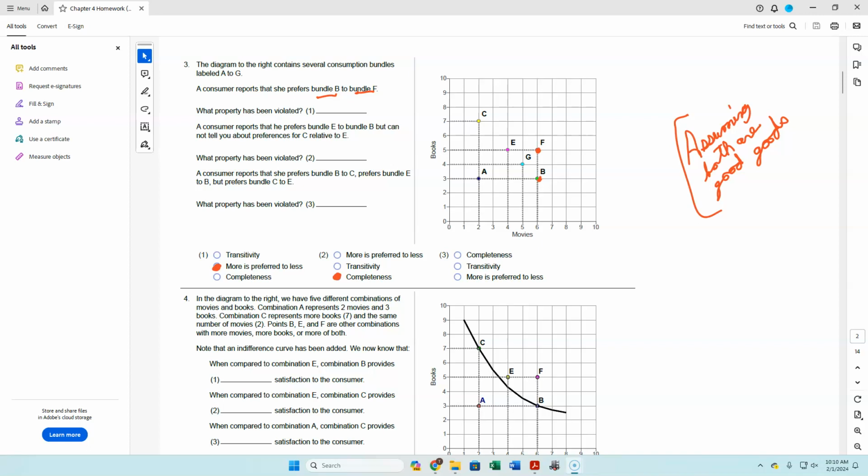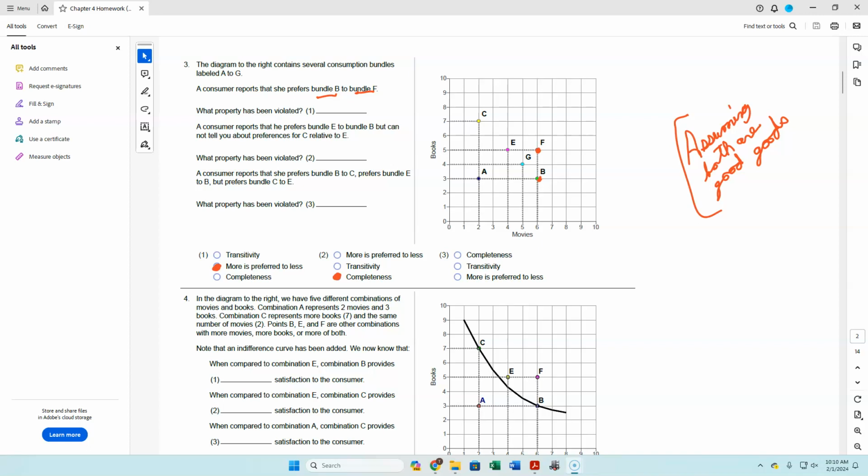Consumer reports that they prefer bundle B to C, prefers bundle E to B, but prefers bundle C to E. Now we would have a problem with the logic of this.